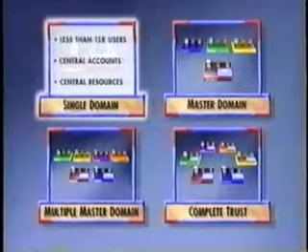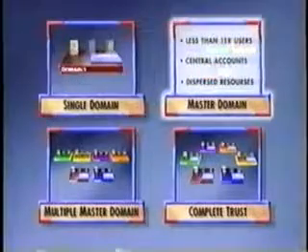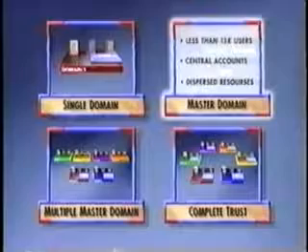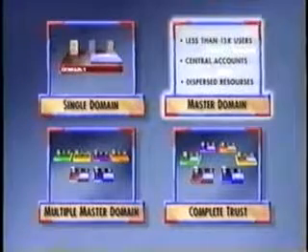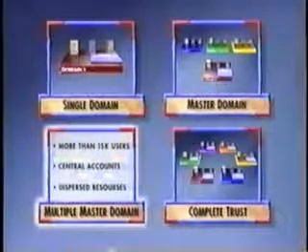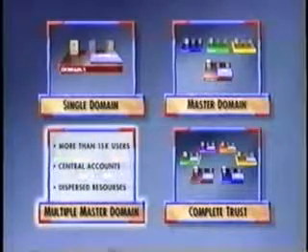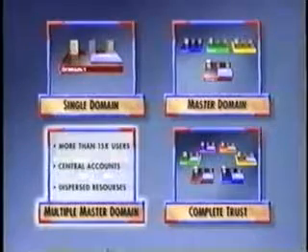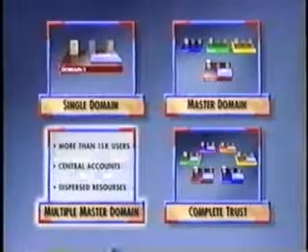There are no trusts to manage. The master domain model may be the best choice for smaller companies that want centralized account administration, but decentralized control of resources. The multiple master domain model is a good network plan for large companies that need centralized account management, but decentralized control of resources.